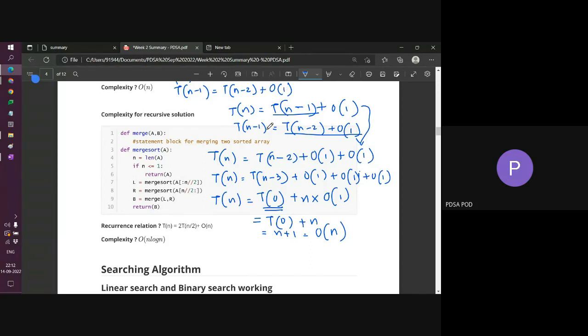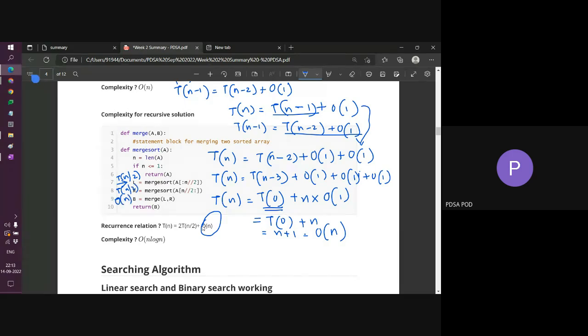I'll just finish the searching algorithms also. Let us look at merge sort first, and then we will try to understand this one. Because right now if I tell you why merge takes O of n, this statement is the one that takes T of n by 2, this one takes T of n by 2, and this takes O of n.